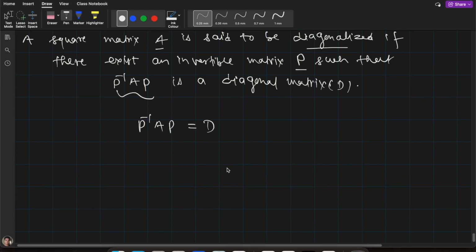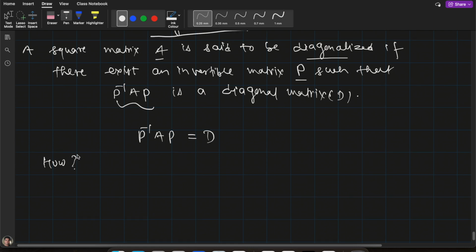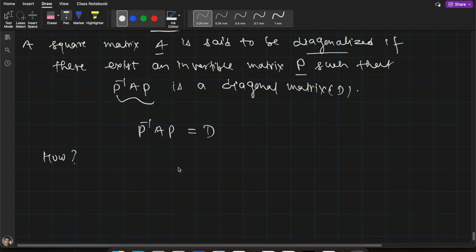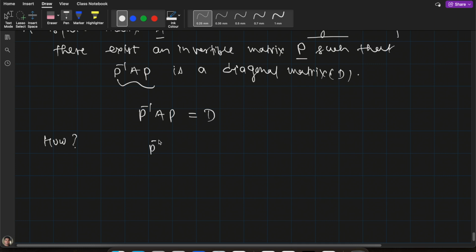So how is it happening? Tell me how it is happening. First, this is the equation, right? I can also write it as AP equal to PD. Is there any problem here?